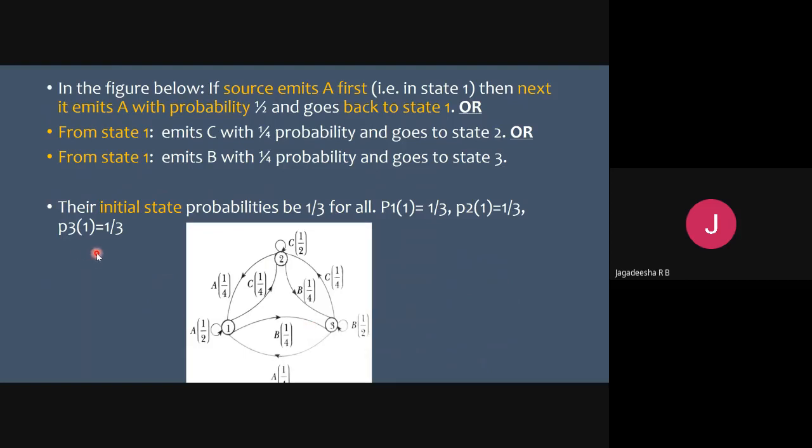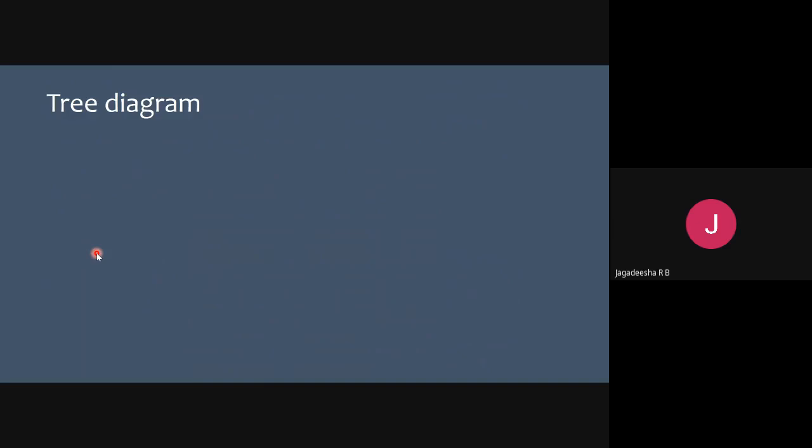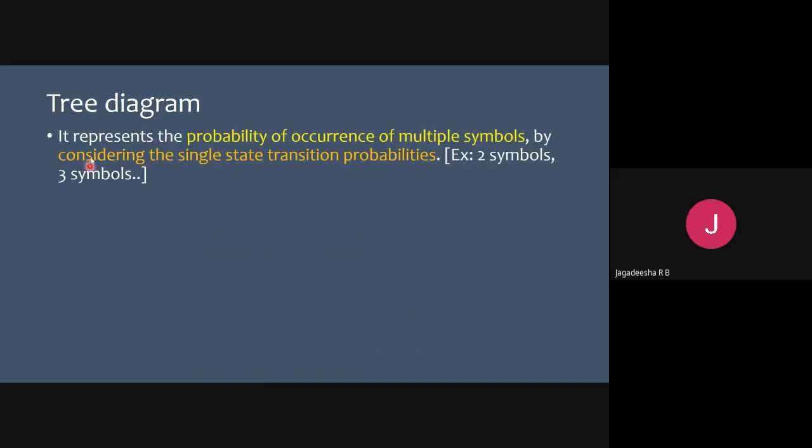Anyone can occur. Based on this, the state diagram has given us some information like moving from one state to the next state. But a tree diagram will give us an idea if the source has emitted many symbols, because we are dealing with a long sequence, right? If there are many symbols, how do we find the transition probability? That is what we get with the help of a tree diagram.